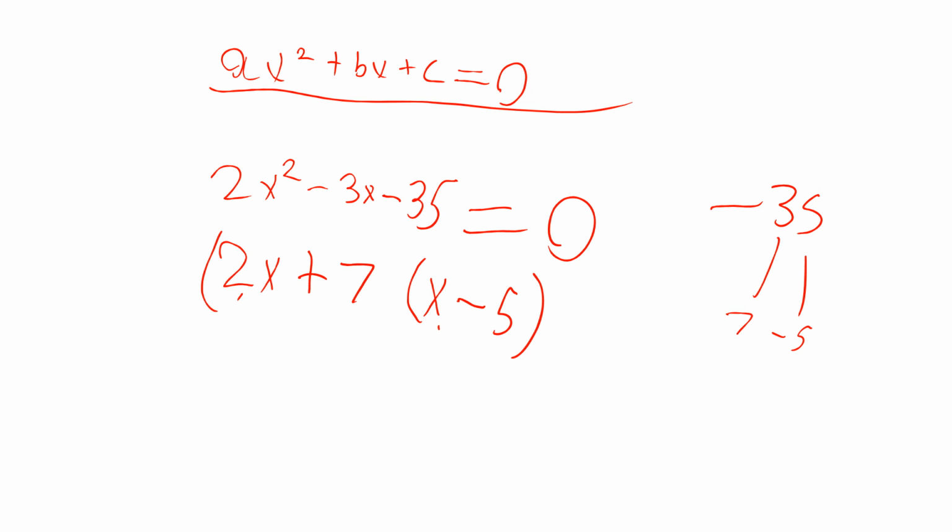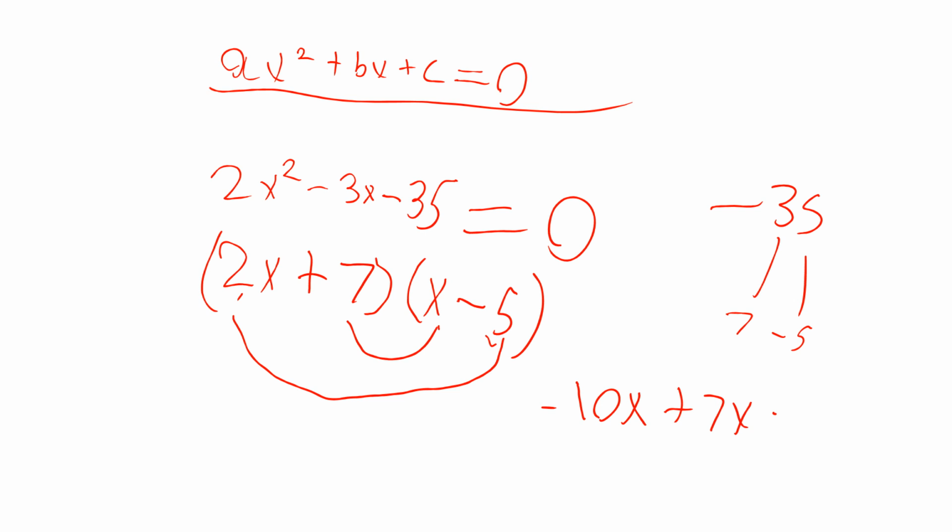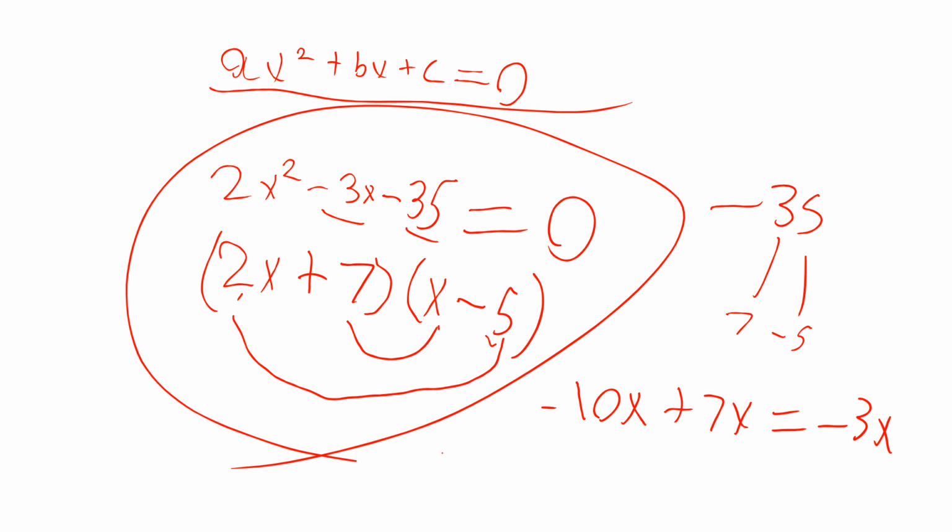When checking, we multiply 2x by negative 5, which is negative 10x, then multiply the other two terms to get 7x. Negative 10x plus 7x is negative 3x, which satisfies both terms. So we know the factorization is correct, and we can go ahead and solve this. Whenever we have a quadratic of this form, that is how we deal with it.